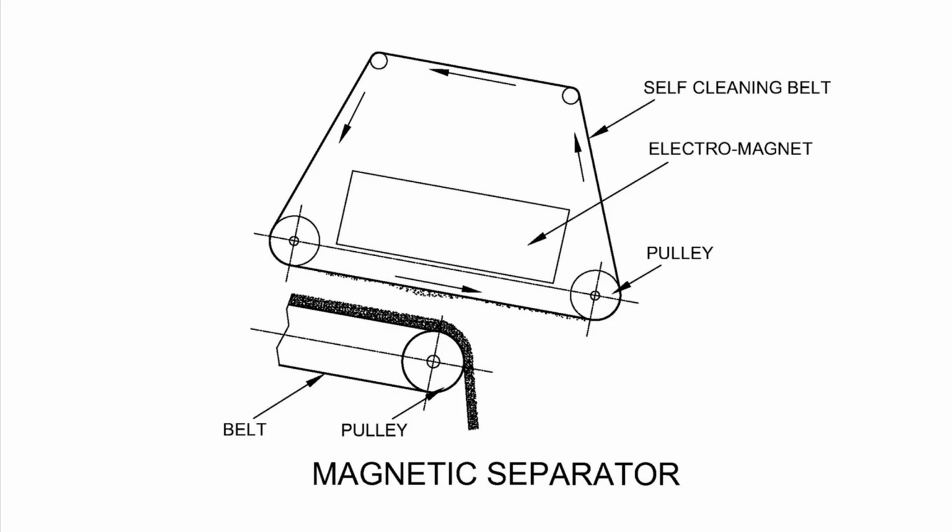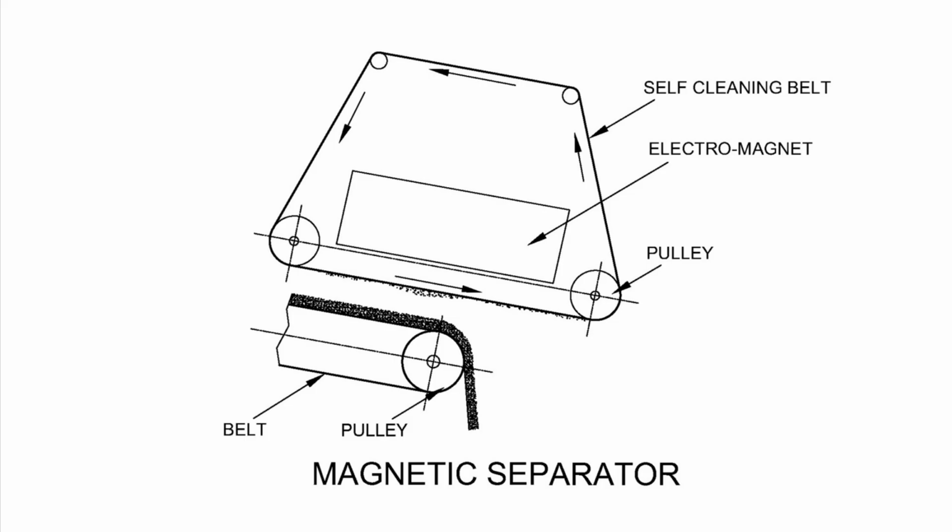It can produce a magnetic field strong enough to withdraw iron particles from coal. Iron particles stick to the self-cleaning belt due to magnetic force. As the belt moves rightwards and iron particles come out of the magnetic field, these fall down. The self-cleaning belt moves over 4 pulleys as shown.